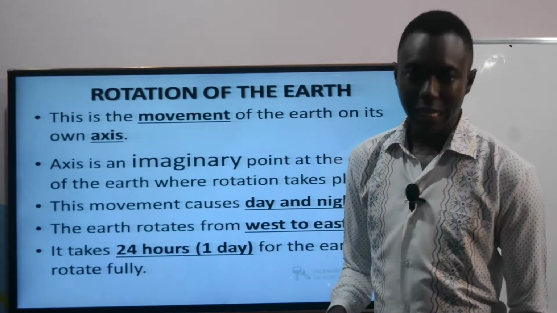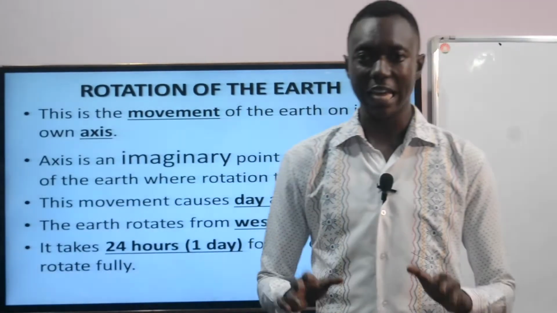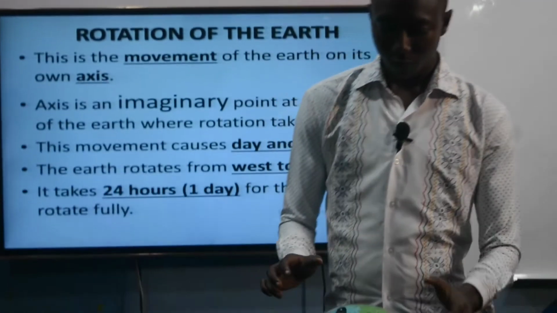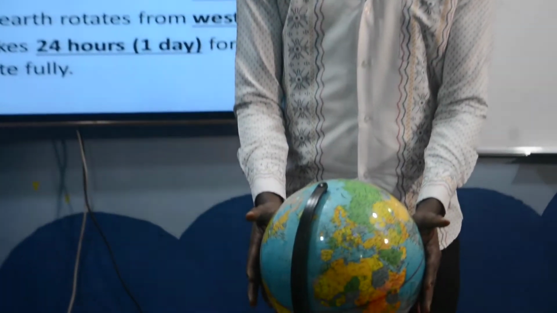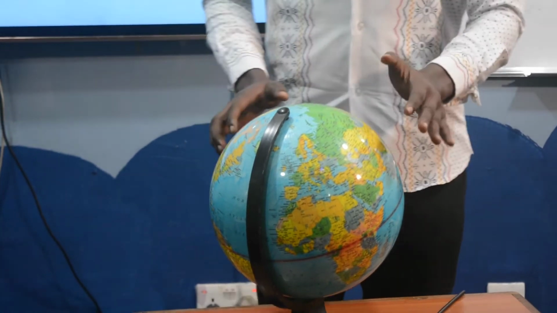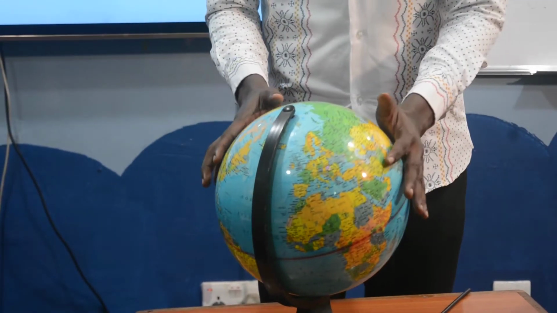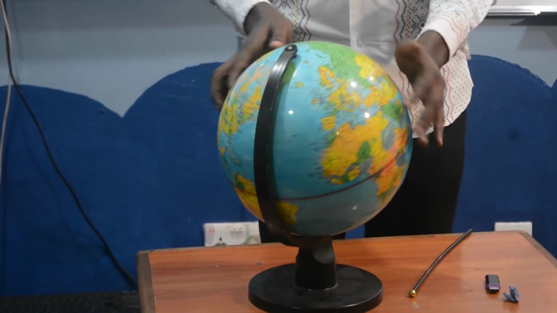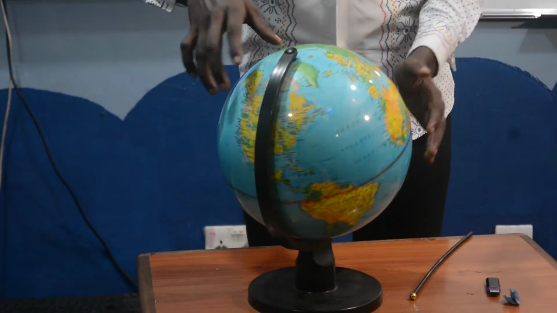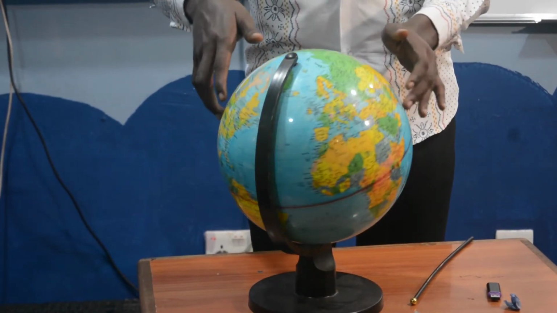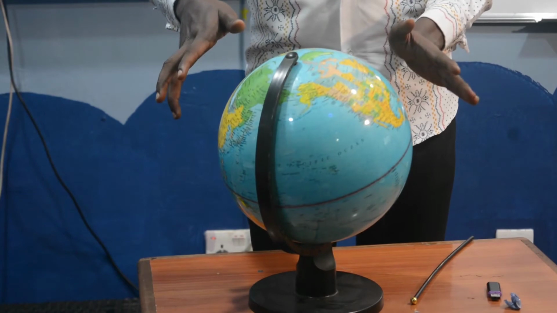Now let me demonstrate how rotation of the earth is done. I am assuming this to be the earth. Now when this, being the earth, moves on its axis this way, we term that as rotation. I hope you've taken note of that.